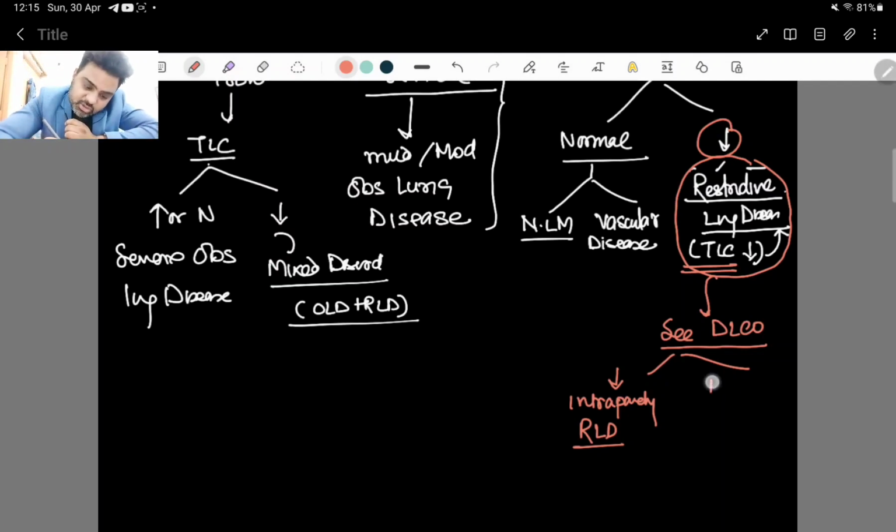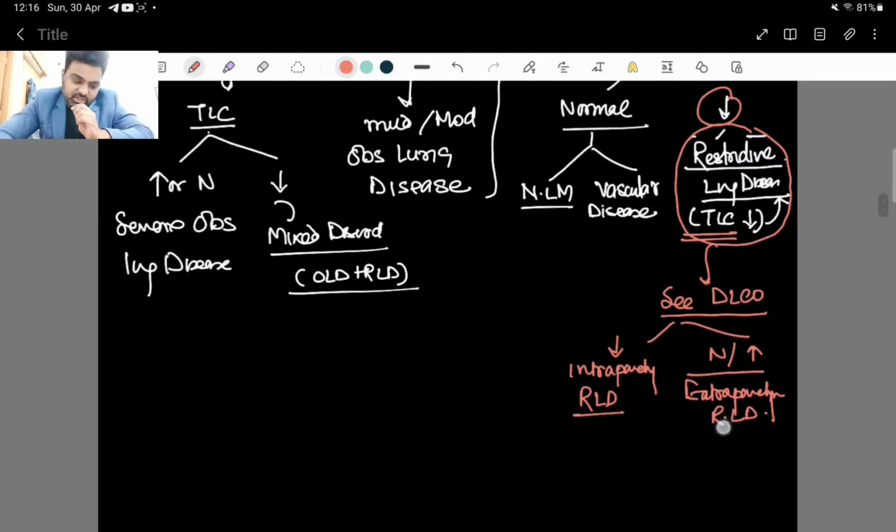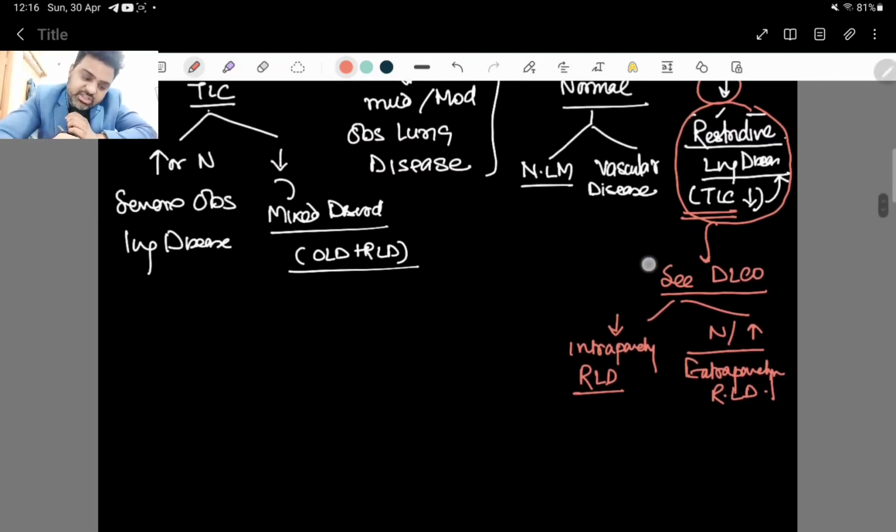And if DLCO is normal to increased, that means it is an extraparenchymal type of restrictive lung disease, that is obesity, anasarca, flail chest, kyphoscoliosis, or central causes: myasthenia gravis, amyotrophic lateral sclerosis, Guillain-Barré syndrome. So this DLCO will help us to differentiate intraparenchymal from extraparenchymal.